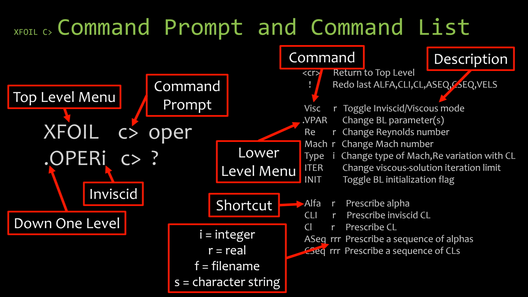I type in 1 and hit enter, then it asks what angle of attack I want to end the sequence at. I type 10 and then it asks what increment I want to use, and I type in 0.5, and so it would run through a sweep from 1 to 10 in half degree increments. So that's what the second column is.